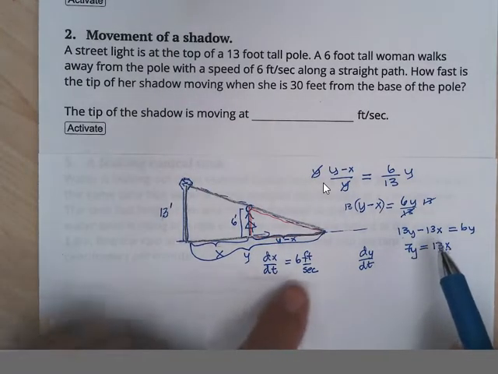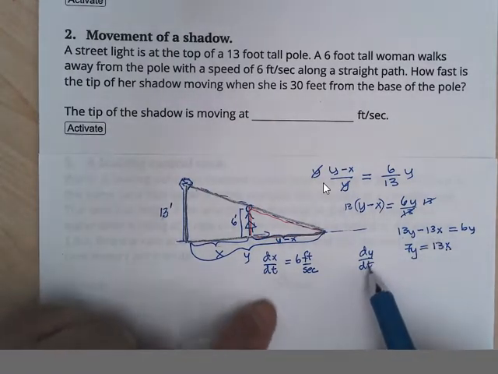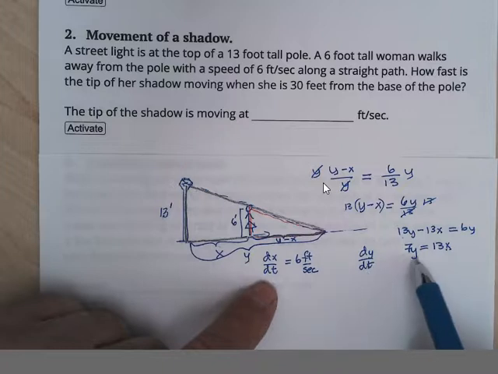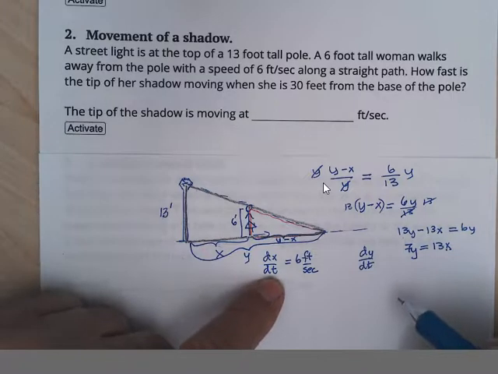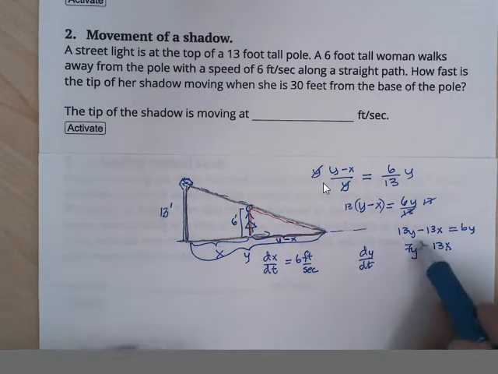And so now I need to find the relationship for dy/dt and dx/dt, which I can do by taking the derivative of this with respect to time, because I want time as the independent variable.